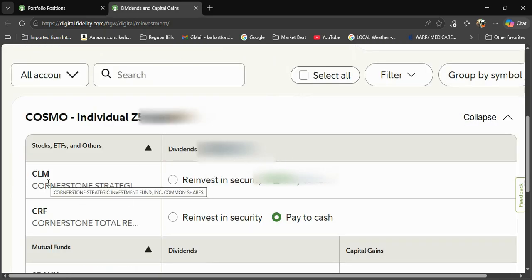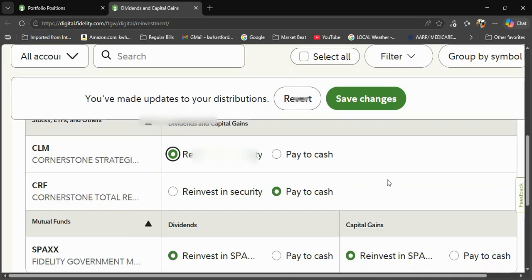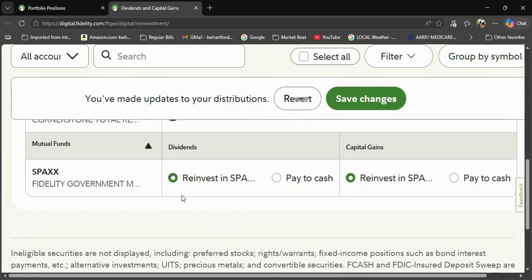Now, let's start with CLM. The dividends are automatically set to pay to cash, but we're going to reinvest in security. CRF, Cornerstone, is also automatically set to pay to cash. We're going to click on reinvest in security.